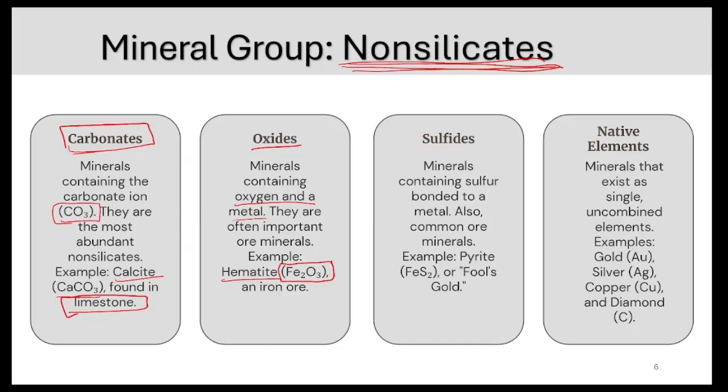So basically, this hematite is iron ore, and it's in the oxide group of minerals. And then we have sulfides. These sulfides contain sulfur and metal, such as pyrite, which is also called fool's gold because of its gold-like looks.